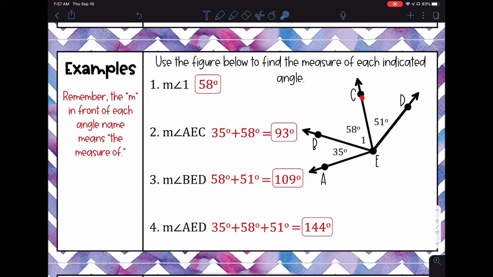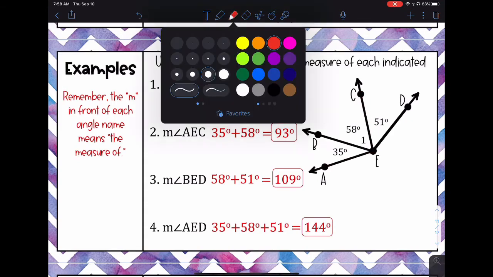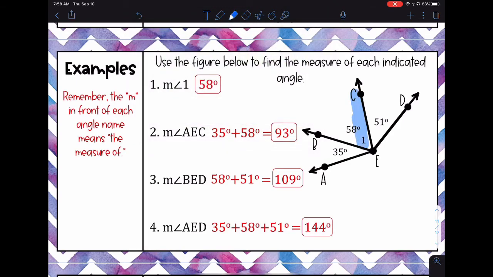And that would give me my total here. Because we need the total of all of this. I want to know what all of this is put together. So that would be 35 and 58. Add those two together, you get 93. Hopefully that makes sense.